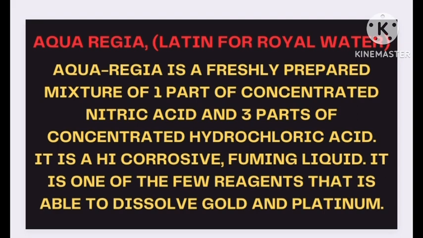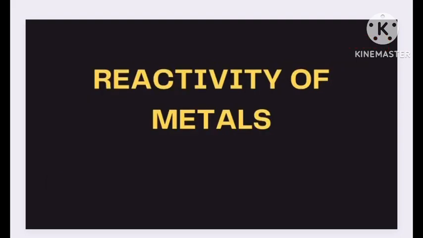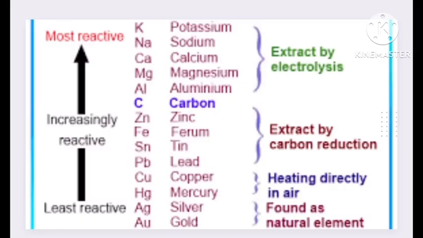Now let us discuss the reactivity of metals. We are again and again saying it depends on the nature of the metal, whether it is reactive, less reactive, highly reactive or non-reactive. Now as you can see on the screen, the reactivity series of metal, the metals are arranged in the order of low reactivity to high reactivity.